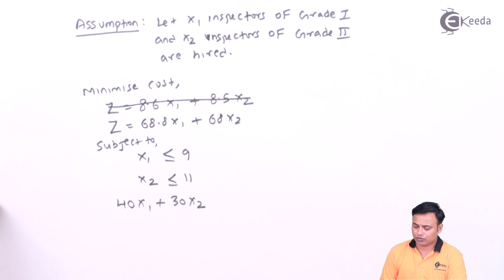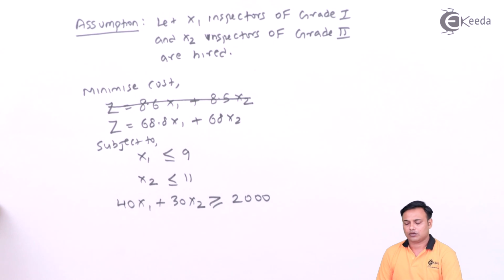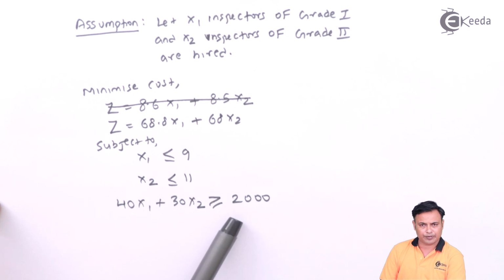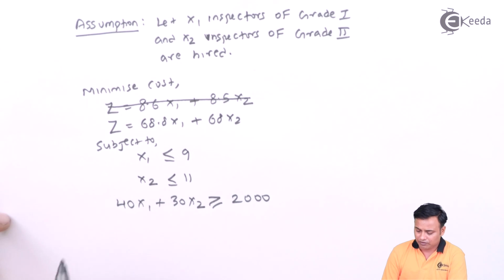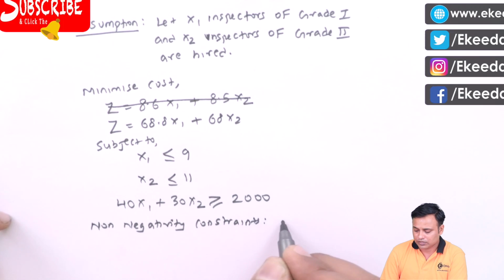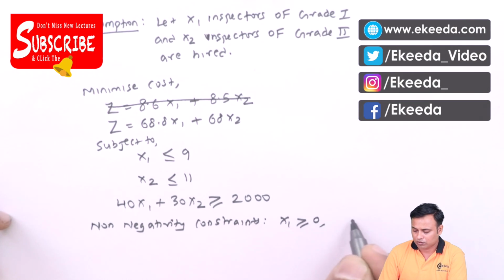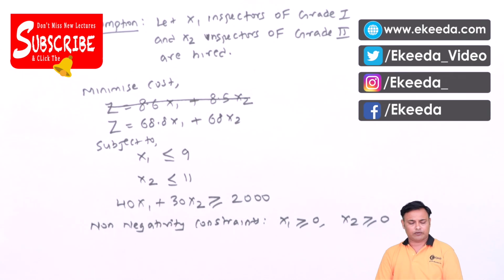Since it is at least, it should be more than or equal to 2000. So I have a constraint on number of inspections. I have a constraint on number of inspectors of grade 1 and grade 2. And then we will write the final, that is non-negativity constraints, that is x1 more than equals to 0, x2 more than equals to 0. And so we are done with the problem.